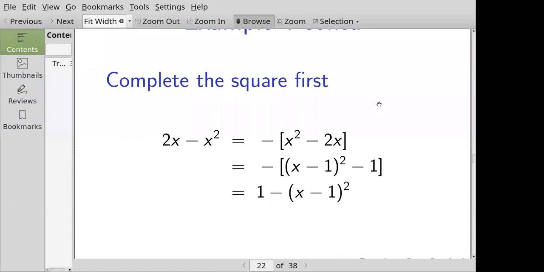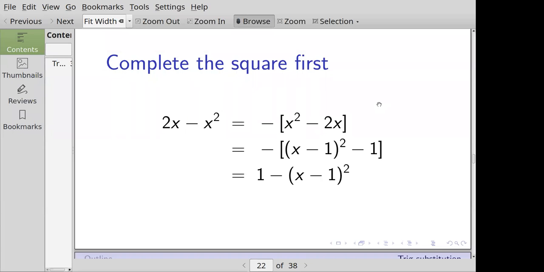So we say 2x minus x squared. I like to have the square term out in front, so I'll rewrite that as minus of x squared minus twice x. Now if I complete the square, x minus 1 all squared gives me x squared minus 2x plus 1. So x squared minus 2x is x minus 1 squared, and then that would give me 1 more than what I wanted.